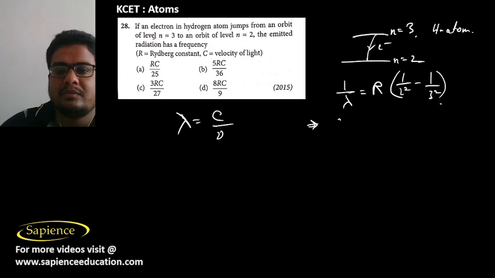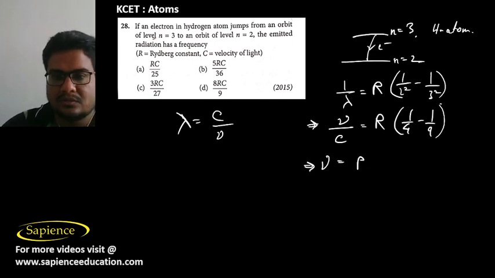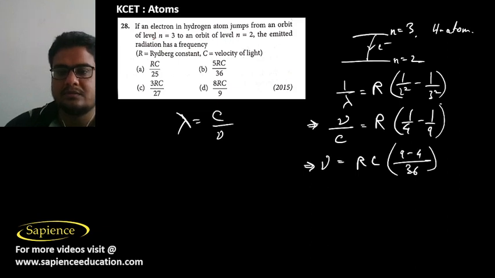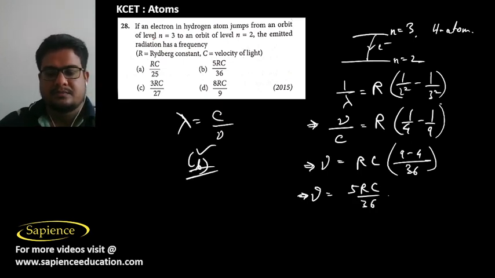So 1 by lambda is nu by c, which equals R into 1 by 4 minus 1 by 9. Therefore nu, the frequency of the emitted radiation, equals Rc into 1 by 36 into (9 minus 4), which is 5. So the frequency is 5Rc by 36. So option B is the correct answer.